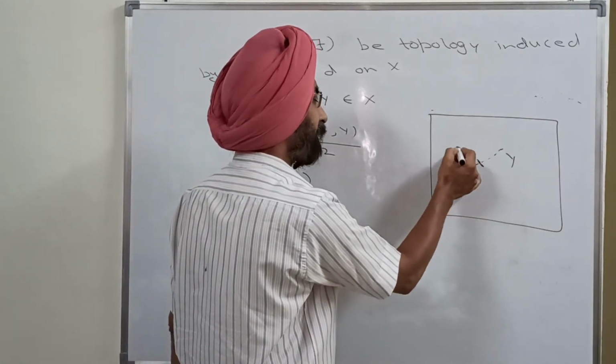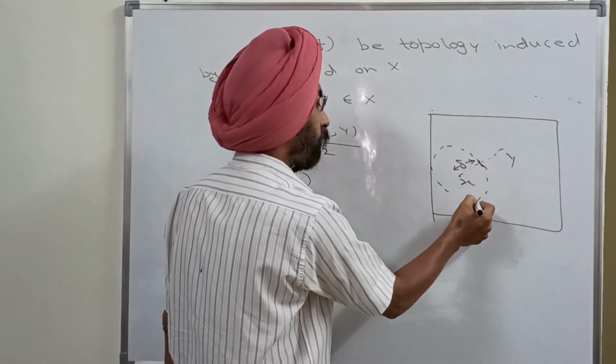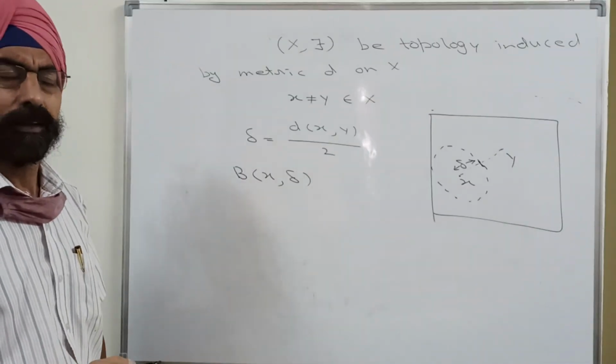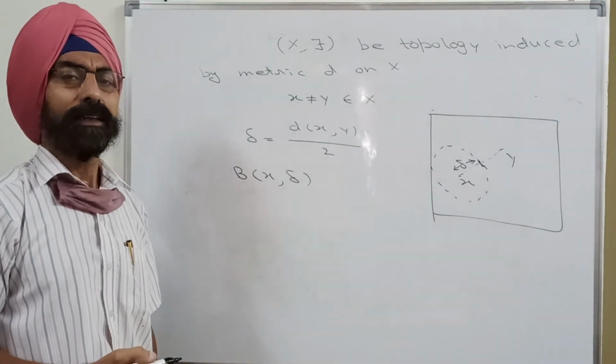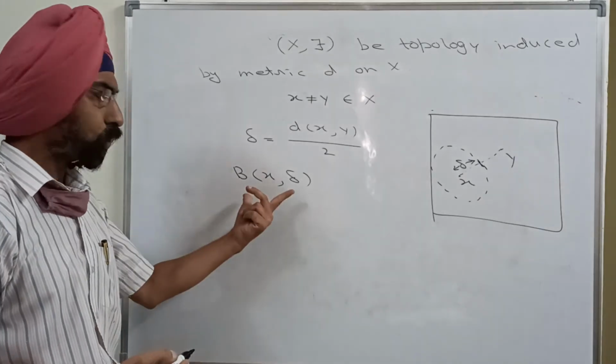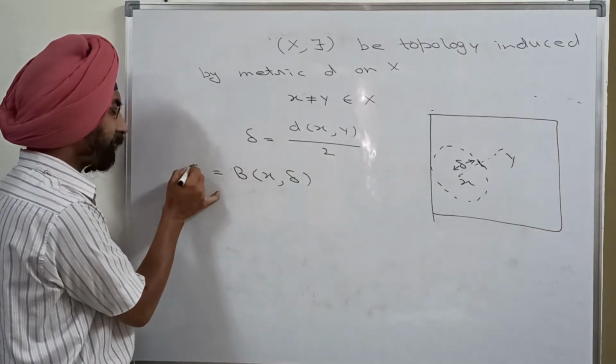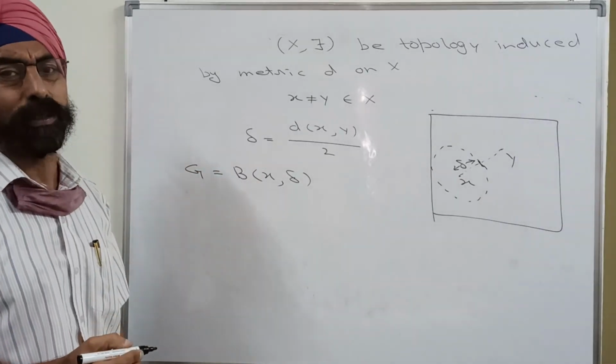So B(x, delta) is this open ball, and we know that every open ball is an open set. So this open ball, if I name it as G, then G is an open set.